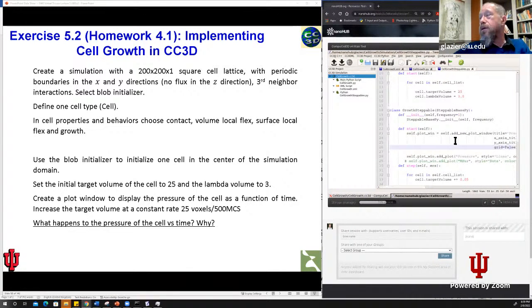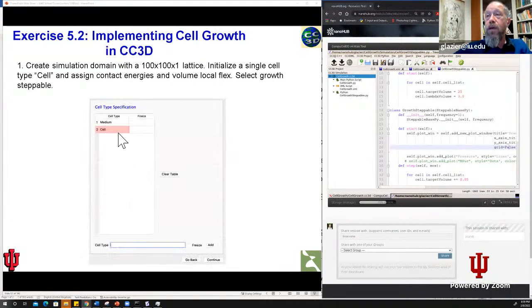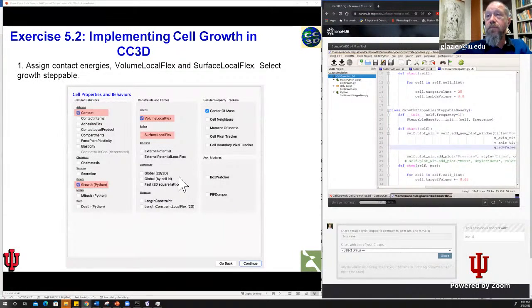Let me come back to the code. So again, creating the simulation here, I had it as 100 by 100, blob initializer, pixel copy range of 3, create a cell, contact, volume local flex, surface local flex, growth, center of mass.